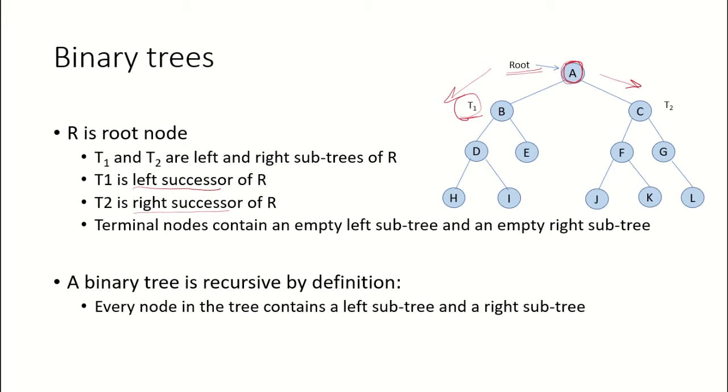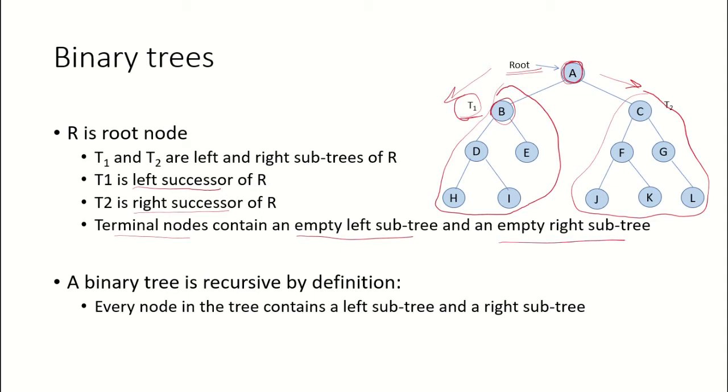As we have discussed in earlier videos, a subtree is a node and all its descendants. So T1 would be the node B with all its descendants, and T2 would be the subtree containing the node C and all its descendants. Terminal nodes, which are the leaf nodes, contain an empty left subtree and empty right subtree.